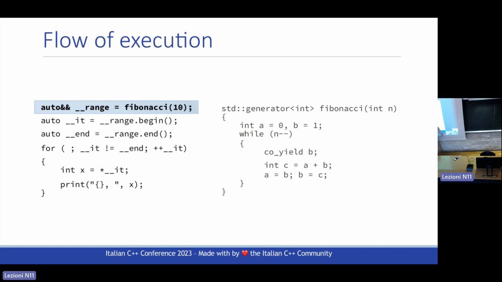The execution reaches this line, which calls Fibonacci 10. And this may be surprising if you're not familiar with coroutines, but this line does not call this function here. It simply creates a coroutine context bound to this function and suspended. It is in suspended state. You can think of it as creating an object that has a handle to something that is stopped here.